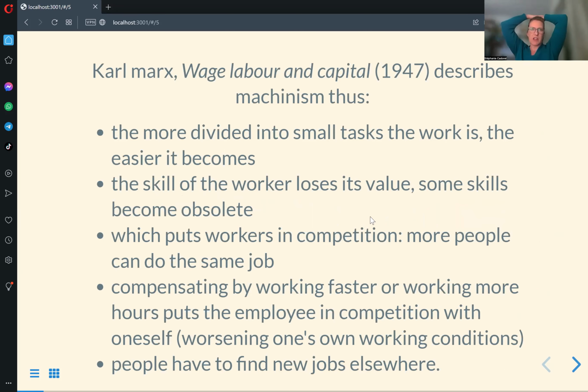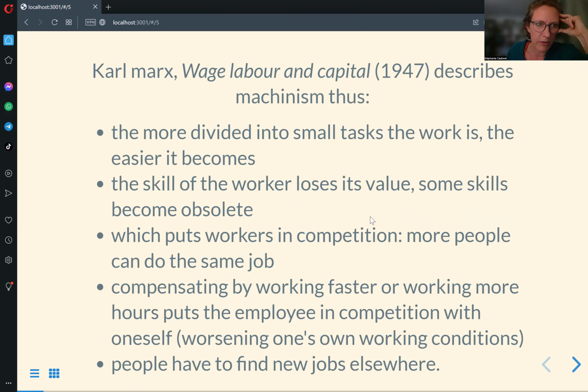In Wage Labour and Capital, Karl Marx describes how machinism impacts labor. The more divided into small tasks the work is, the easier it becomes. The skill of the worker loses its value. Some skills become obsolete, which puts workers in competition.